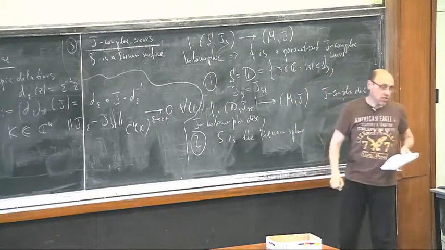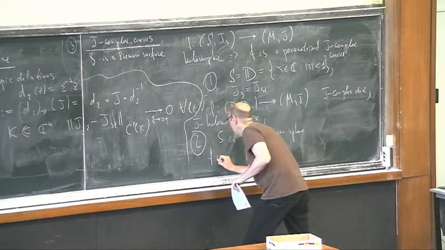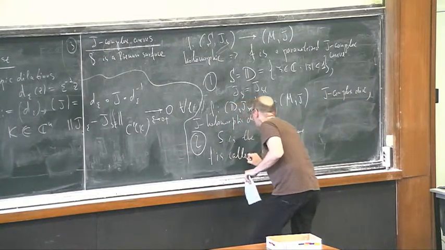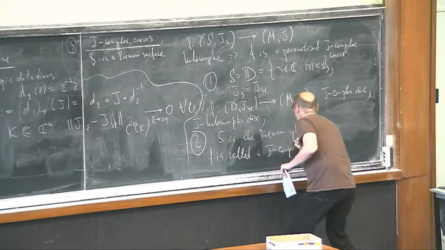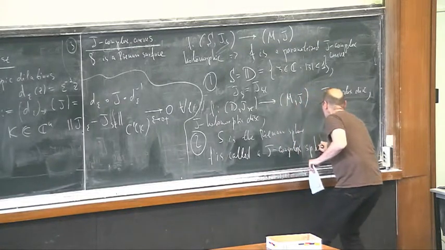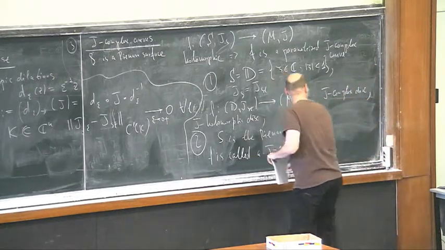Then F is called a J-complex sphere or J-holomorphic sphere in M.